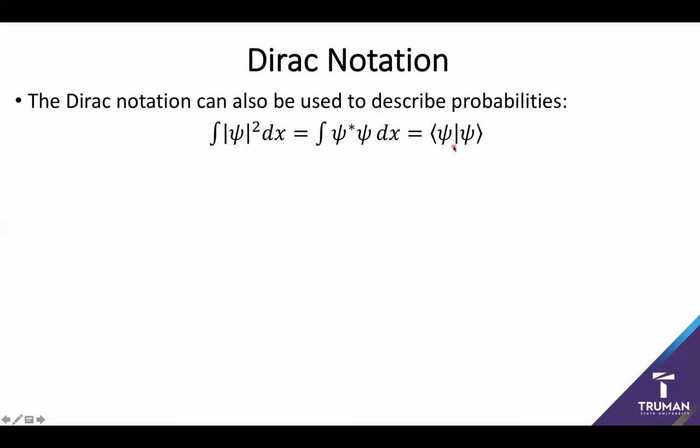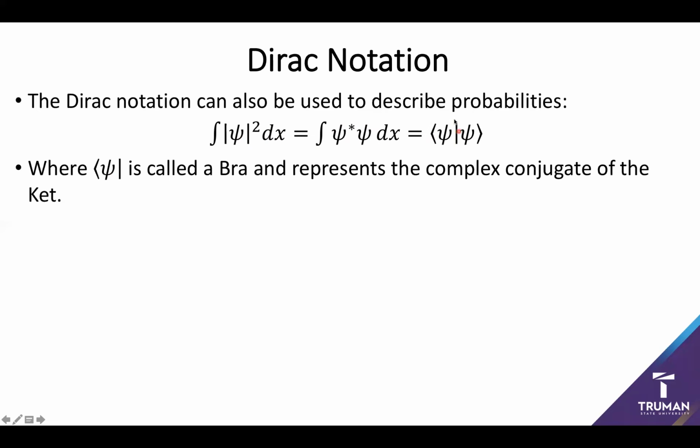This gives us what's called bracket notation, because this first term is called the bra. So bra, ket, bracket. A little bit of a bastardization of the language, but it really is a good way to remember these systems. While the ket represents the function itself, the bra represents the complex conjugate of the function.